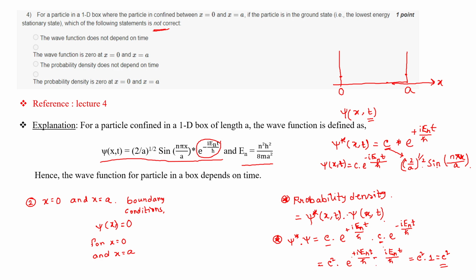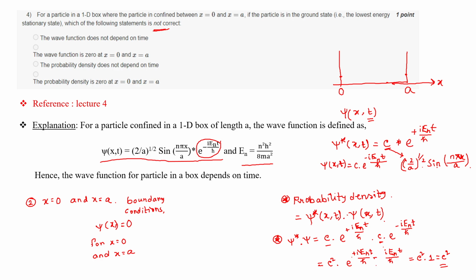and this is the correct one. Okay, and the fourth point they have mentioned is that the probability density is 0 at x equals 0 and x equals a. At x equals 0, I have mentioned that this wave function is 0, and the same thing at x equals a, the wave function is 0.